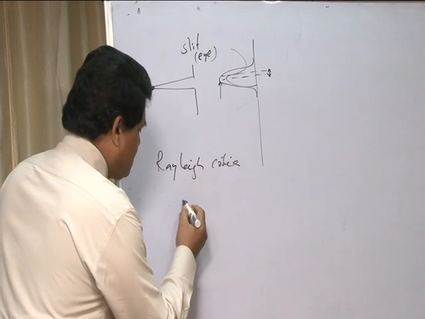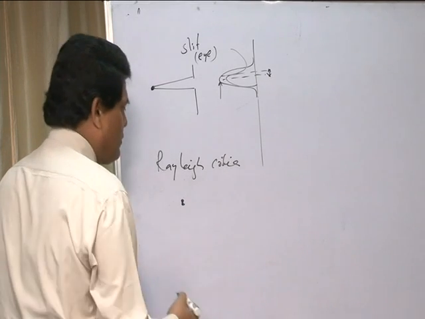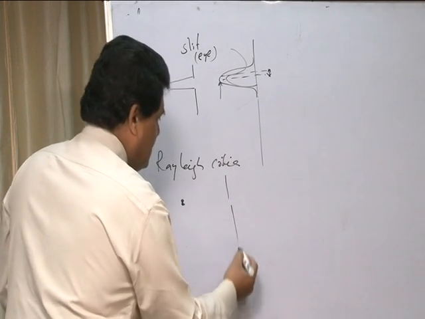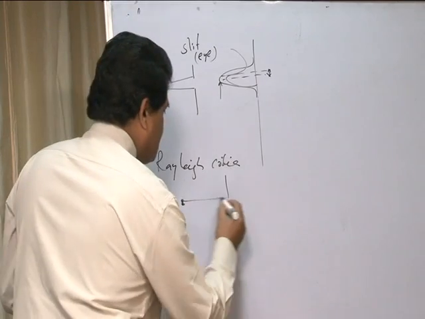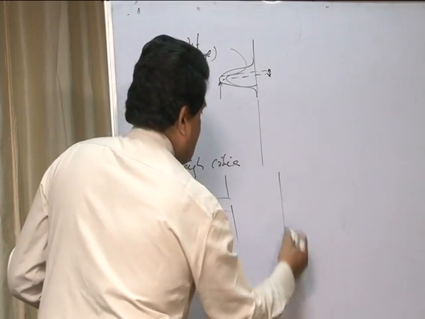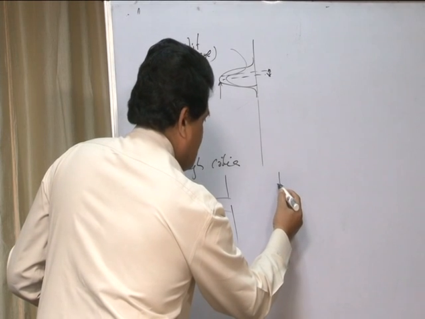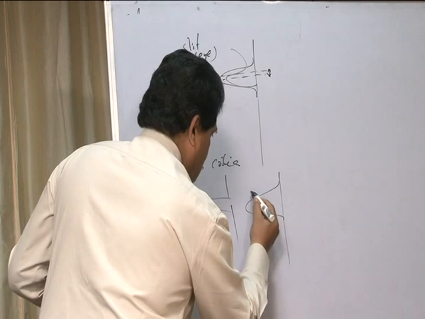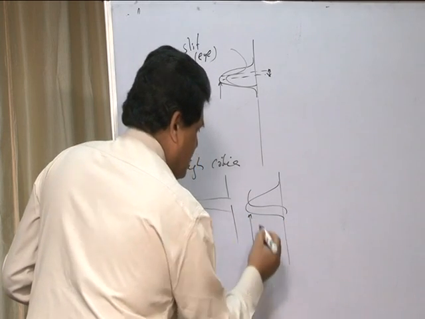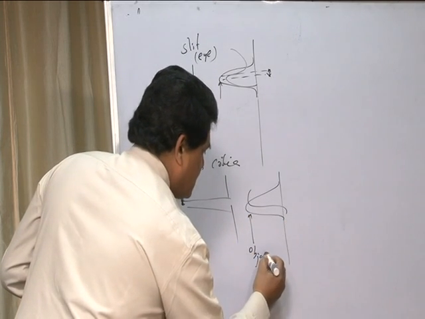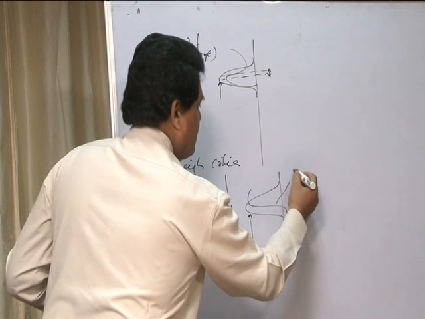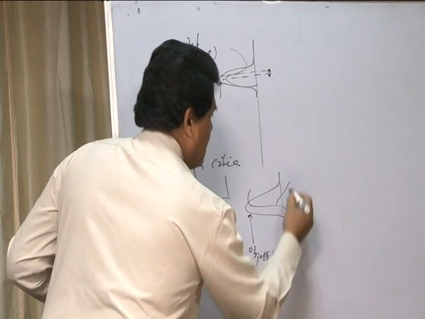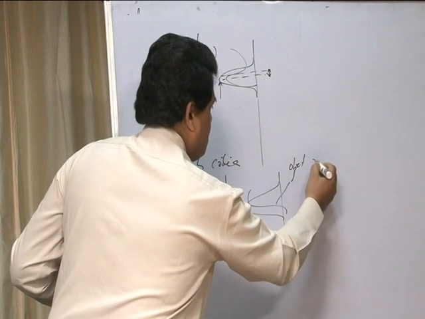Now again, if these two objects are very close and the light falls on our eye, suppose this is the retina, then we can see the curve. This is the curve of the first object, object 1, and this is object 2.